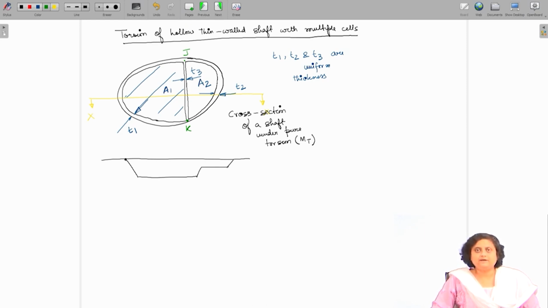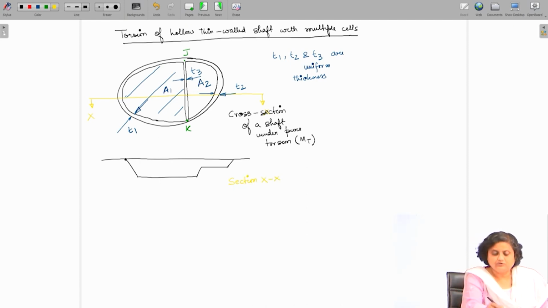Now, if we imagine an analogous membrane and we draw the deflected shape of the membrane, then the deflected shape is going to look like this. So, this is the section XX. So, this is the deformed analogous membrane.